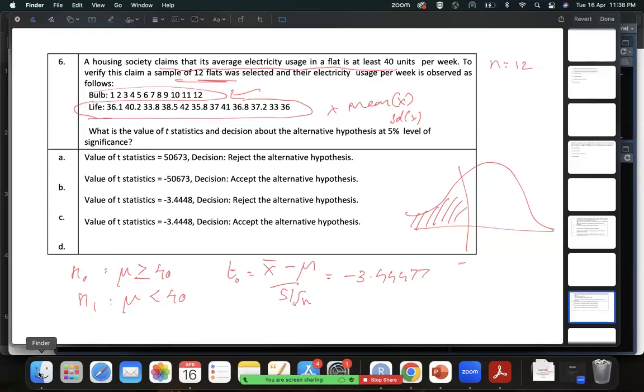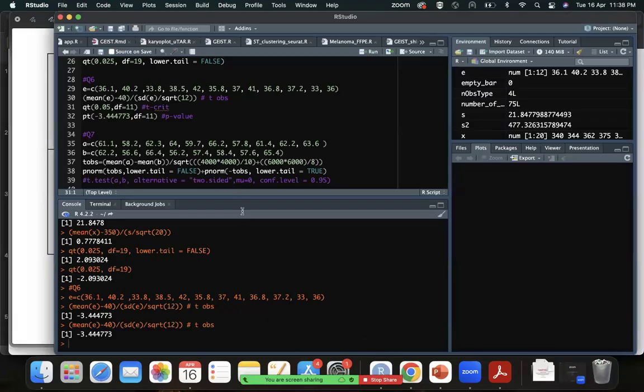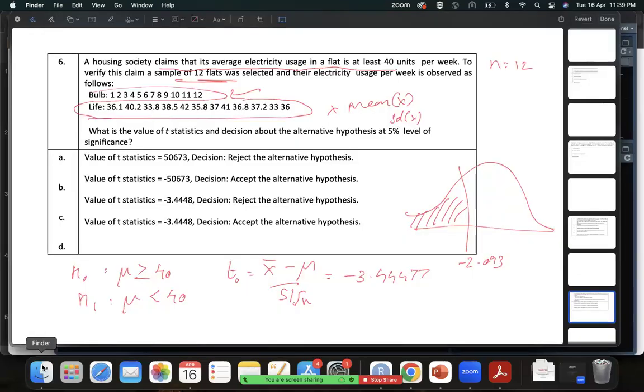Your T critical is minus 2.093, and your T observed is minus 3.44. On the number line, 0, then minus 1, minus 2, minus 3, minus 5, minus 10, and so on. So minus 3 falls in your rejection region.